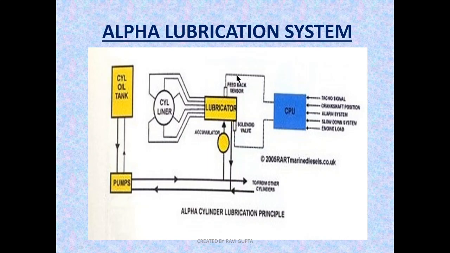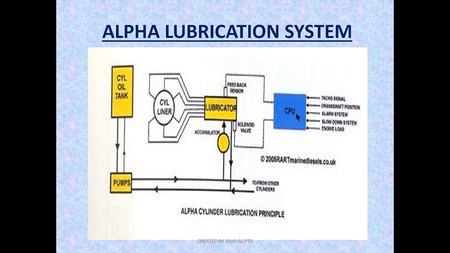One is the feedback sensor and one is the solenoid valve. The feedback sensor is provided to make us aware whether the alpha lubricator system is working or not, and the solenoid valve controls the actuation frequency of the lubricator.